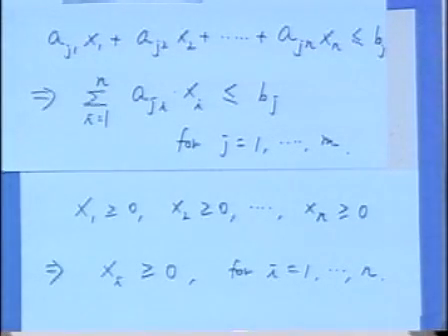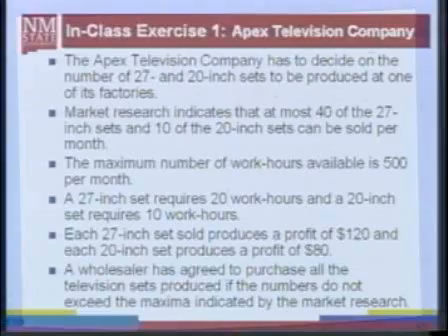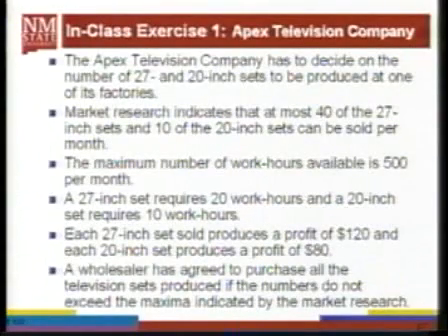Okay, now let's consider another example of LP modeling, okay? So in this example, a television company has to make a decision on how many 27-inch TV sets and 20-inch TV sets they need to produce.